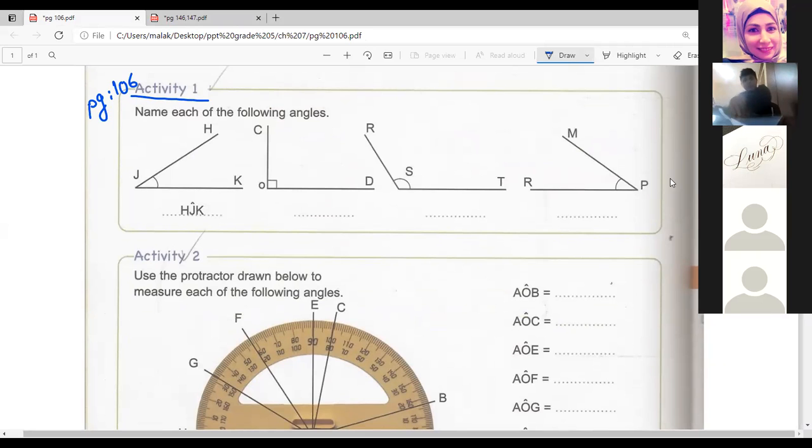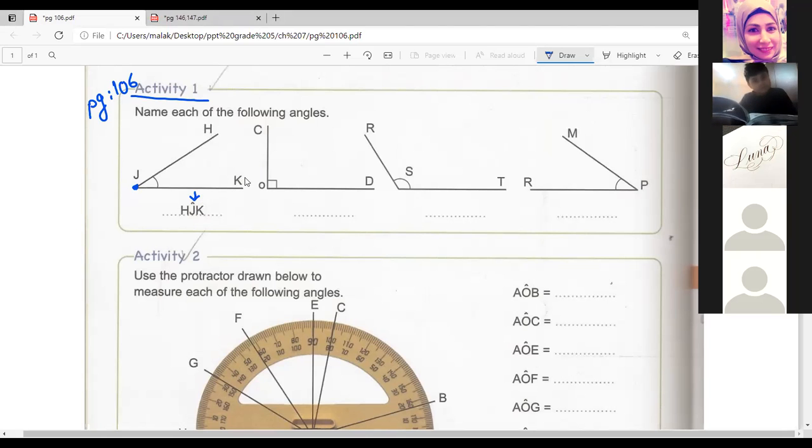دايما in order to name any angle I will name it by using 3 letters. الفيرتكس للانجل اللي هو الكورنر بده يكون دايما in the middle. يعني we can name the angle by HJK or KJH. دايما الفيرتكس بده يكون بالنص.